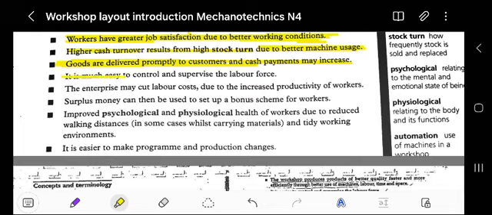It is much easier to control and to supervise the labor force. Right, since there's no traffic there. Have you seen how painful it is to control traffic? People, it's something else.